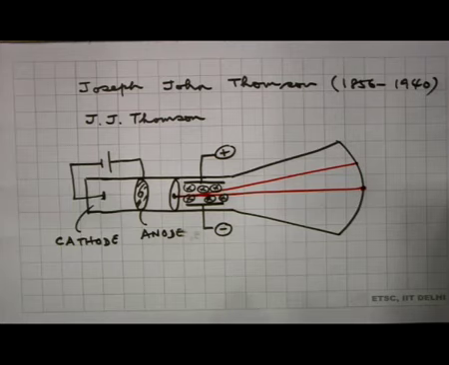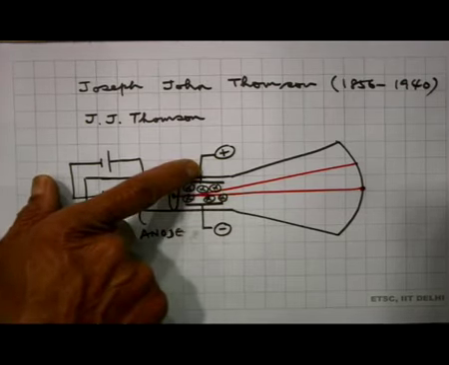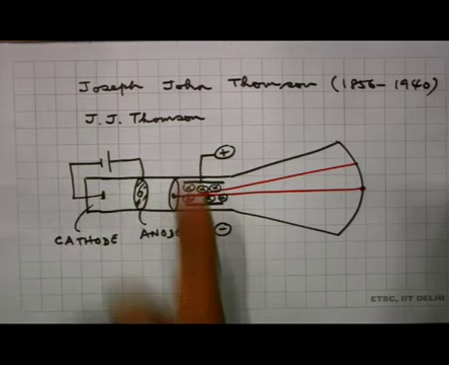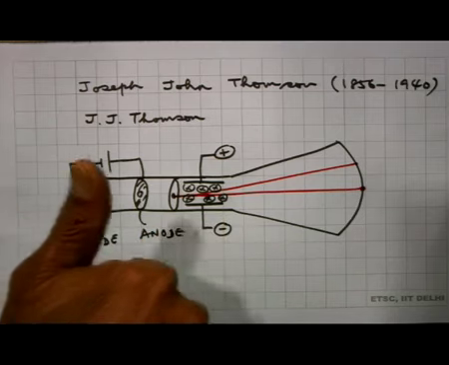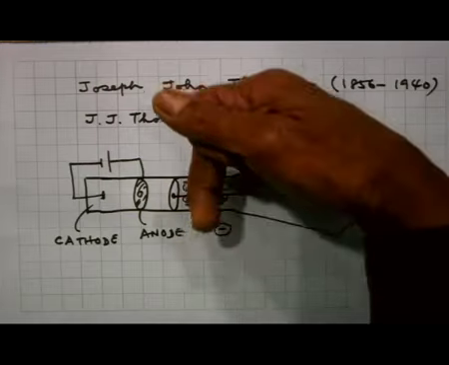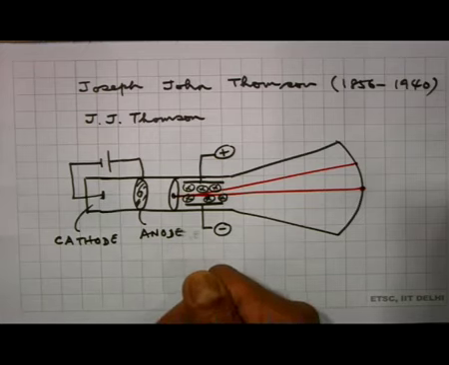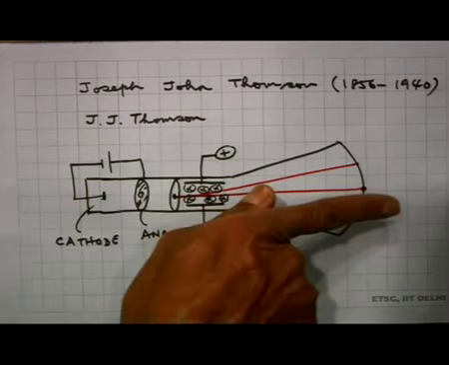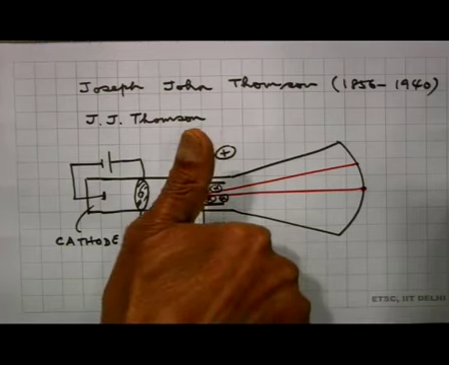Now, if I apply a magnetic field, the electrons are moving in this direction. Because this plate is positively charged, the electrostatic force is upward. Please note, the magnetic force is Q V cross B. V is in this direction, B is downward, so V cross B is upward.